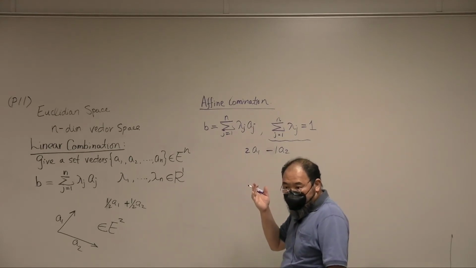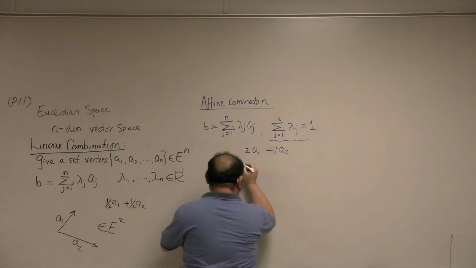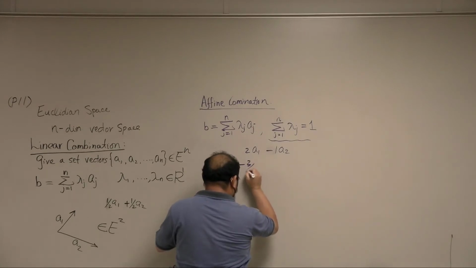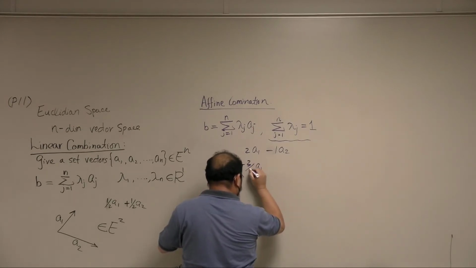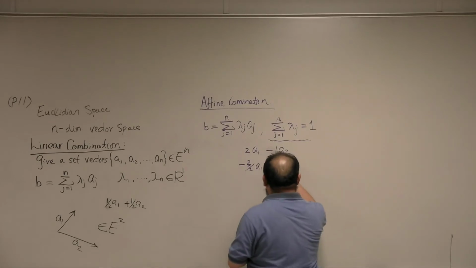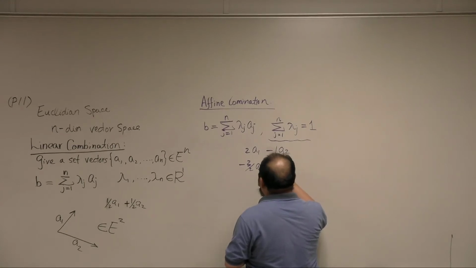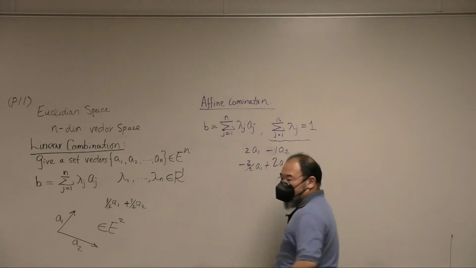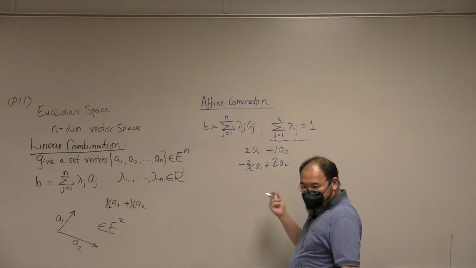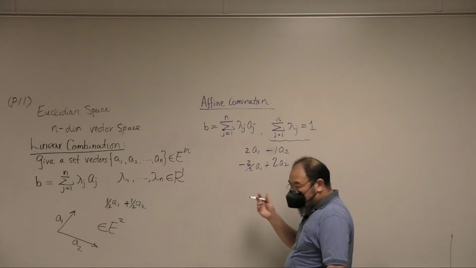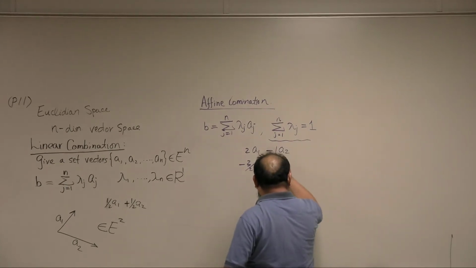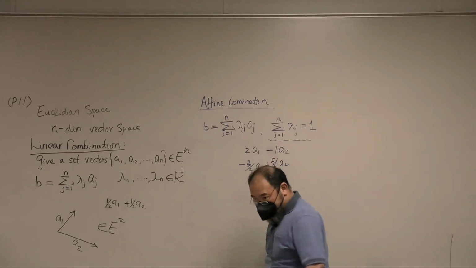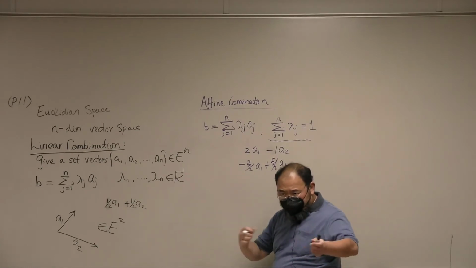As long as. Could it be 2/3? How's that? This is not. What is it? It should be like that, correct? You kind of understand what I'm trying to say?